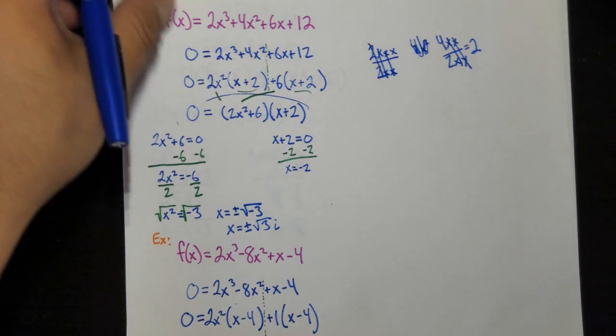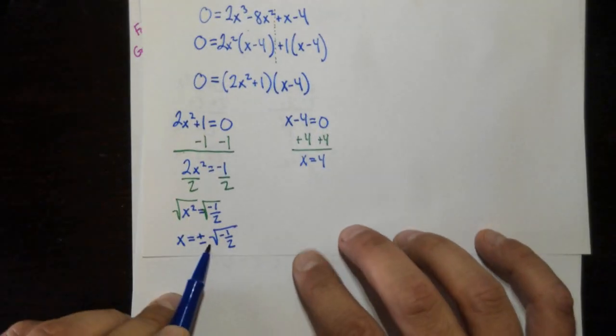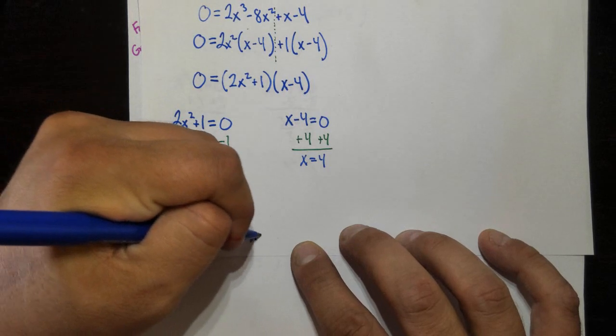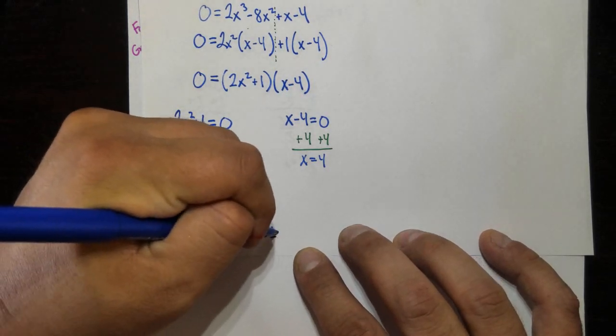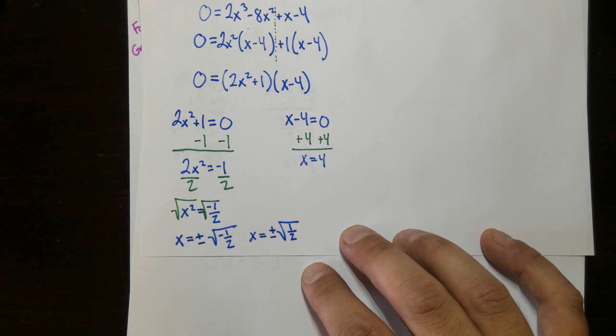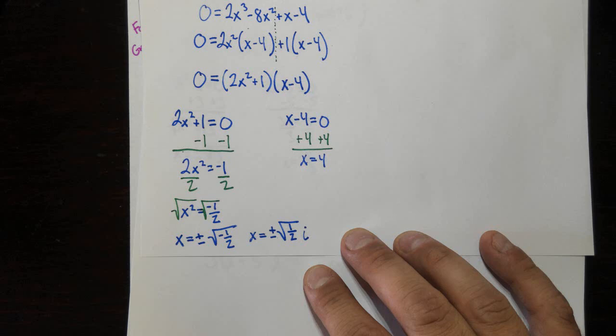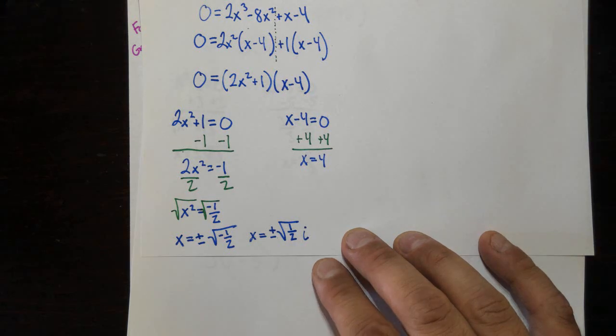So again, here, we want to get rid of the negative, and outside of the square root, write an i. Okay? And we'll talk more about that later.